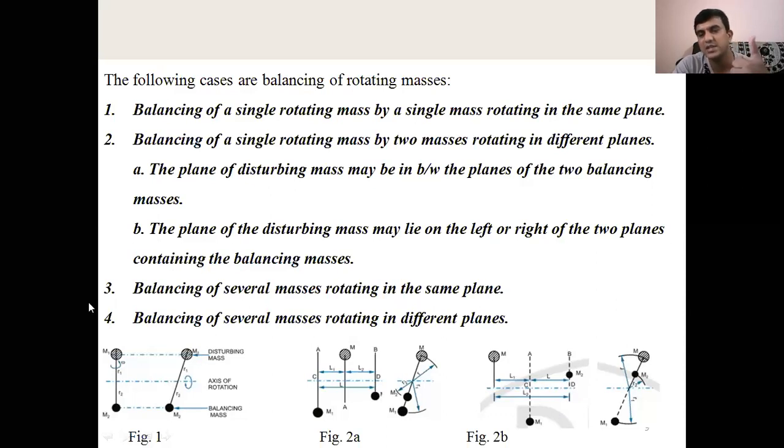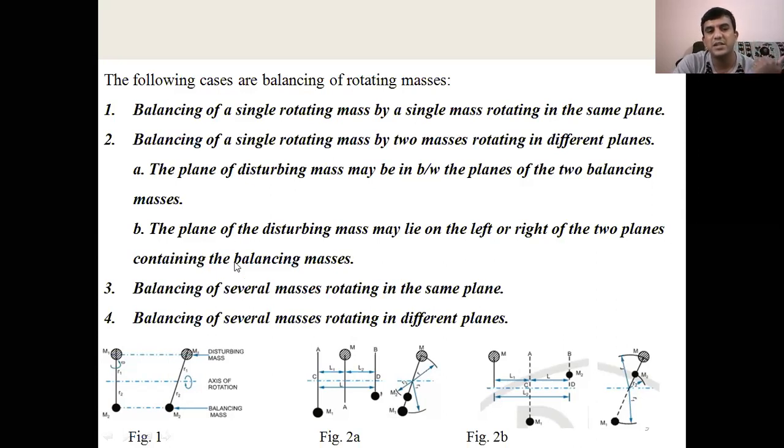First case: balancing of a single rotating mass by taking a single counter mass in the same plane. Second case: balancing of a single rotating mass by considering two counter masses rotating in different planes. In that, two cases will come: whether the disturbing mass is in between the two counter masses, or it may lie on one side, either left or right, of the counter masses.